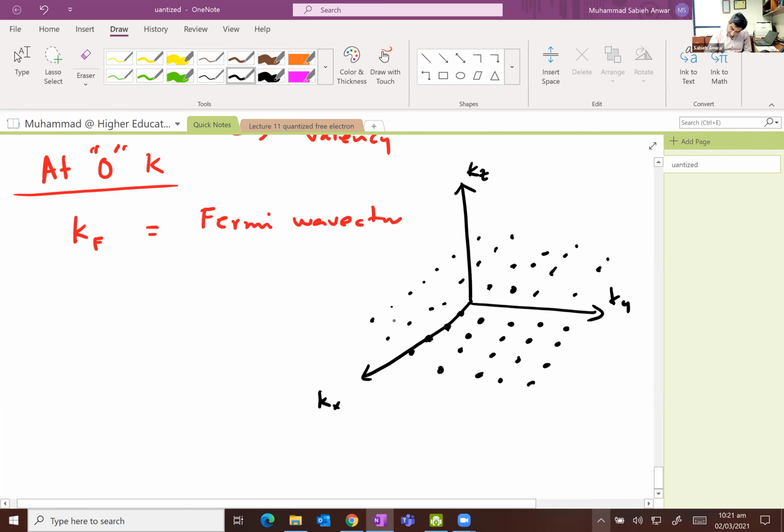And then I have the third dimension as well. So I have a grid or a network of points in 3 dimensions.